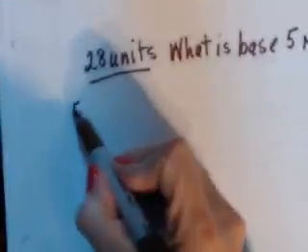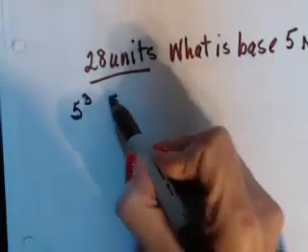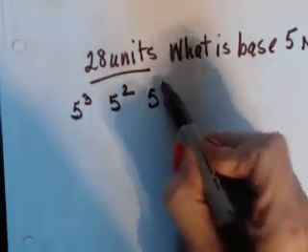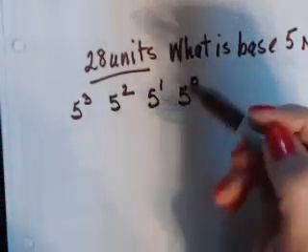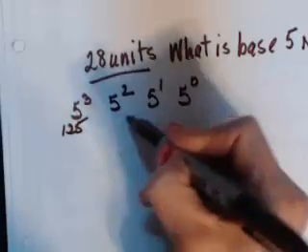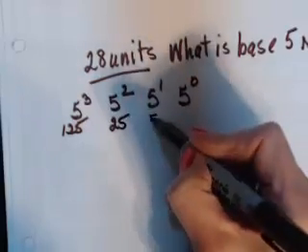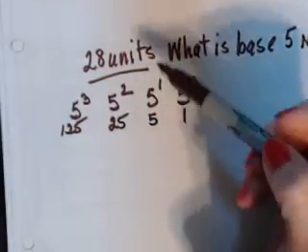Remember that I have 5 to the third, 5 to the second, 5 to the first, and 5 to the 0, which is 125, 25, 5, and 1.